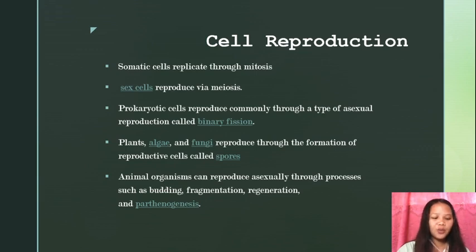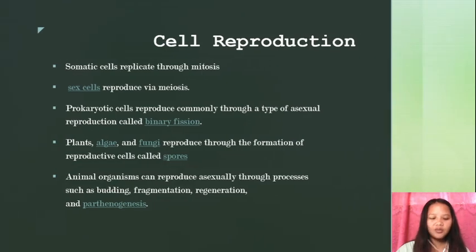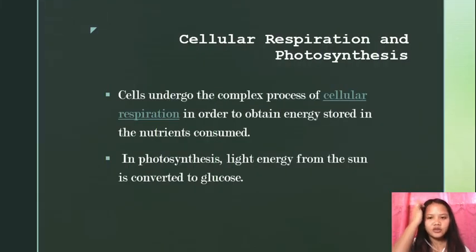Now we have the cell processes. Number one, we have cellular respiration and photosynthesis. Cells perform a number of important processes that are necessary for the survival of an organism. Cells undergo the complex process of cellular respiration in order to obtain energy stored in the nutrients consumed.